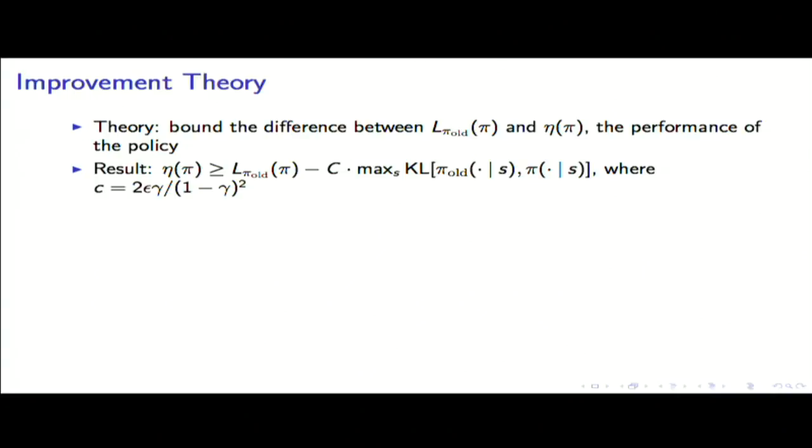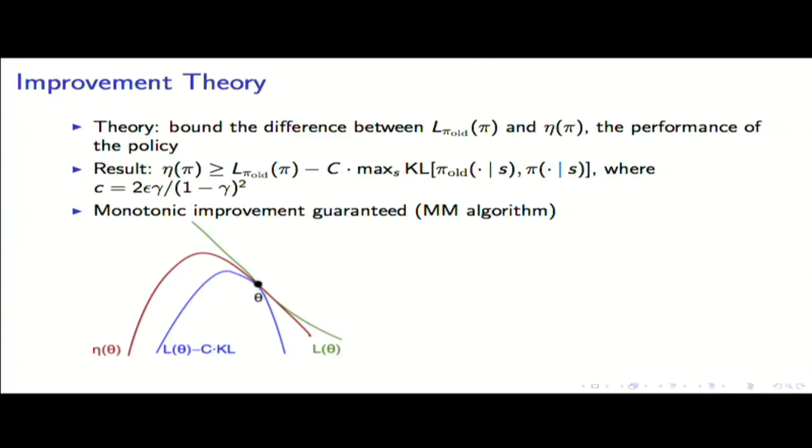I'll show a little plot that'll make this more clear. Let's say our true objective is eta. That's the red curve, and we're trying to maximize it. That's the performance of the policy. Then we can make this local approximation to the performance of the policy, called L. That's this green curve over here.